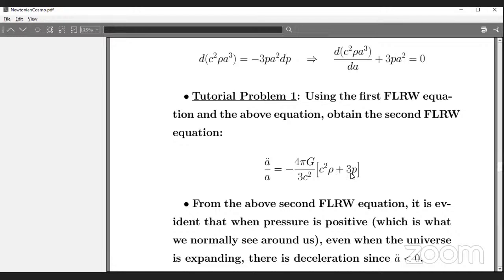What this tells us is, if the universe has only standard matter, like normal matter made out of neutrons, protons, electrons, or made out of photons or neutrinos, so that the pressure is positive, for such a universe, as the universe expands, A dot is positive, but A double dot will be negative. That means we will always have a decelerating universe. You will say that, well, that is not very surprising.